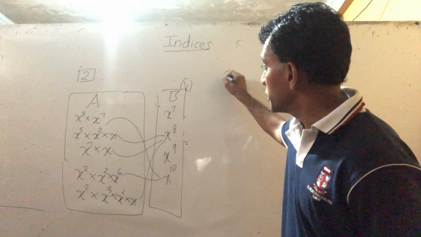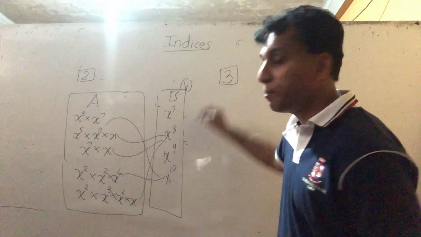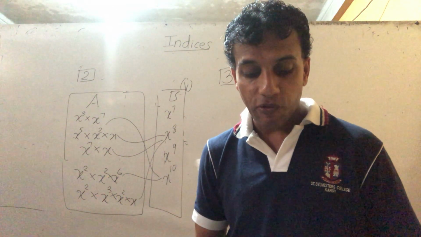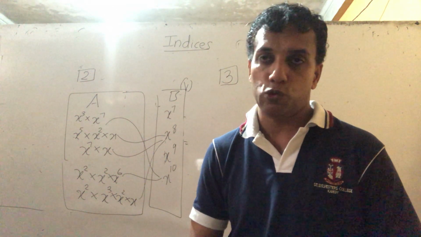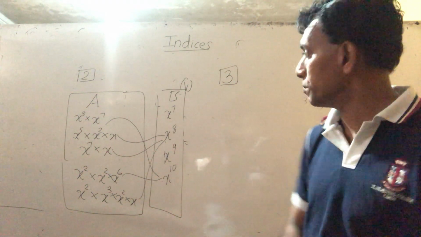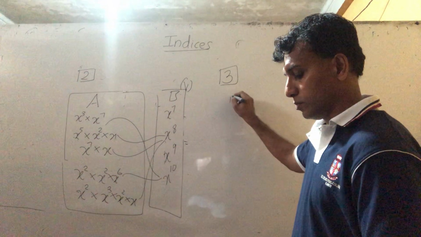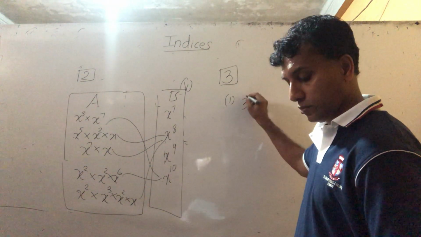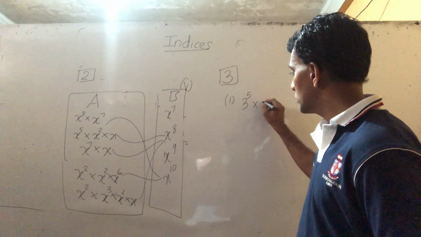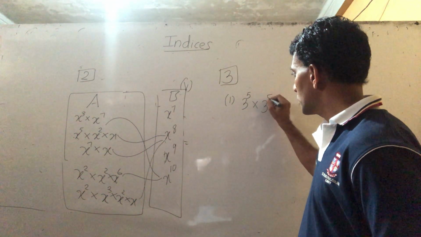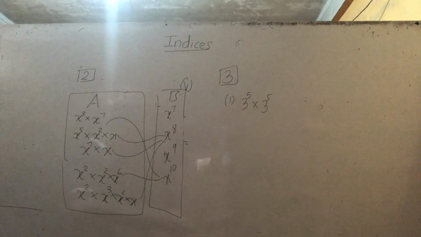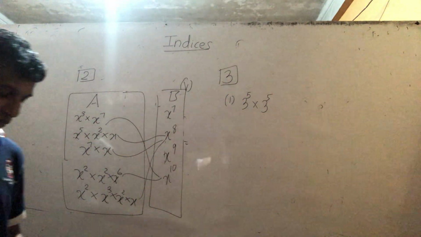Next we go to question number 3, the third type of problem. Say in your book or write this: simplify and find the value. First question, 3 to the power 5 multiplied by 3 to the power 5.